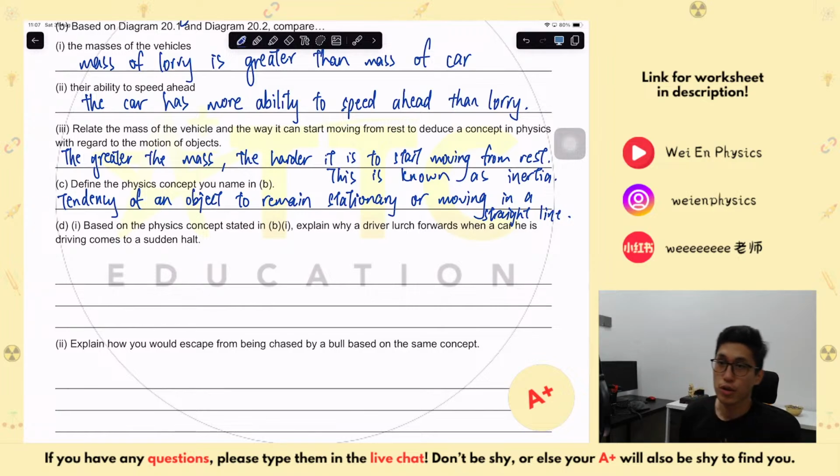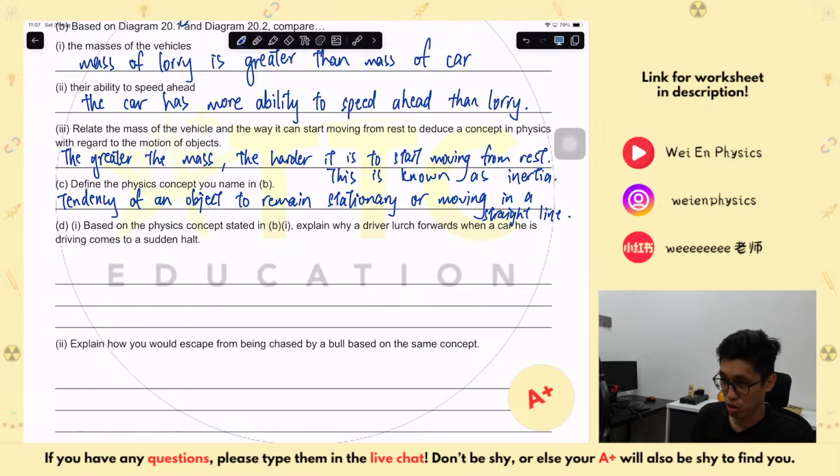Okay? So using this concept, using inertia, explain why the driver will fly forward if the car comes to a sudden halt, if the car suddenly stops. Okay? So we say before it stops first. Before it stops, what is it doing? Before it stops, the car moving ma.